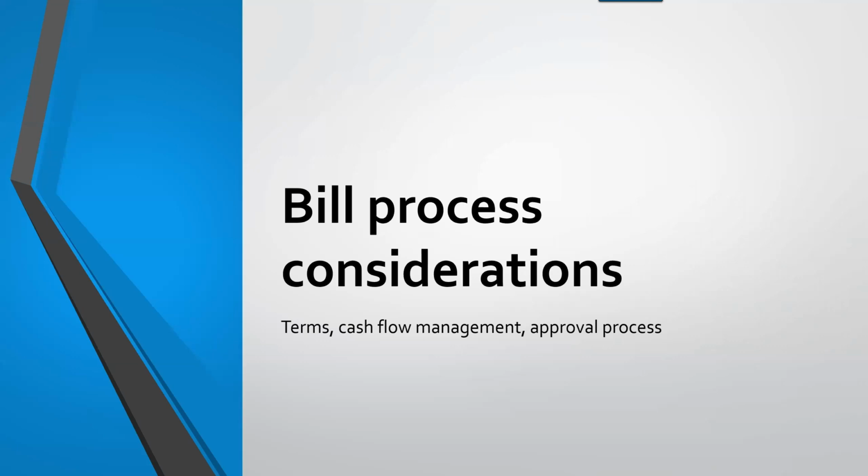So when we're thinking about the bill processes, the thing that I really think is quite important, especially not just in today's world, but forever, is cash flow management. So being able to enter those terms, being able to have an approval process, reduce those bottlenecks, that actually is where you create the most opportunity for improvement.